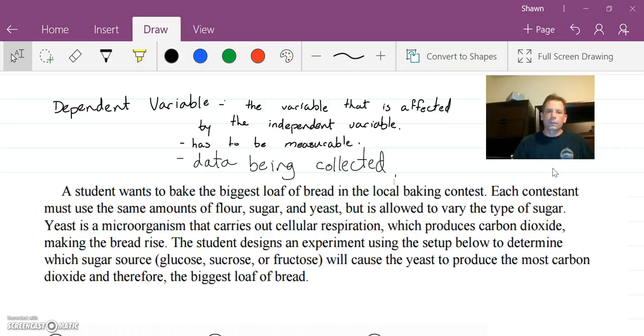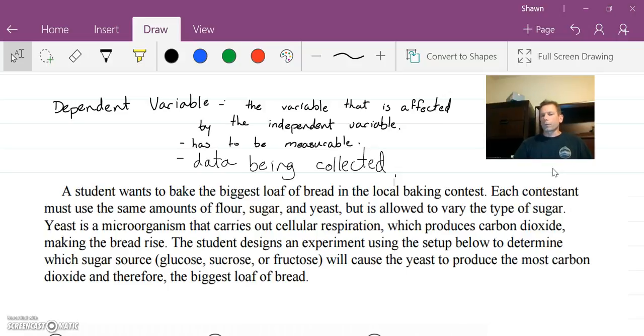Yeast is a microorganism that carries out cellular respiration, which produces carbon dioxide, making the bread rise. The student designs the experiment using the setup below to determine which sugar source, glucose, sucrose, or fructose, will cause the yeast to produce the most carbon dioxide and therefore the biggest loaf of bread.